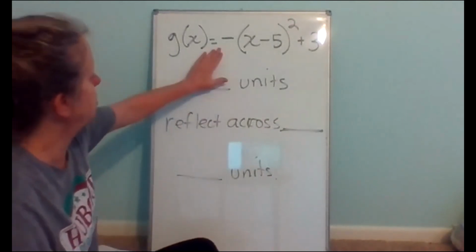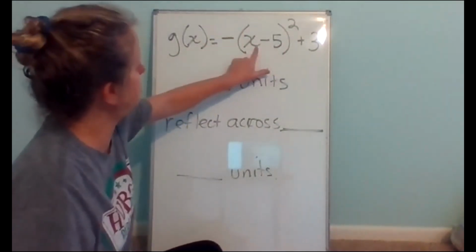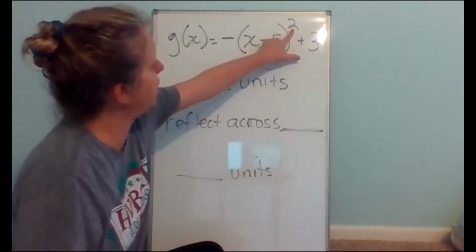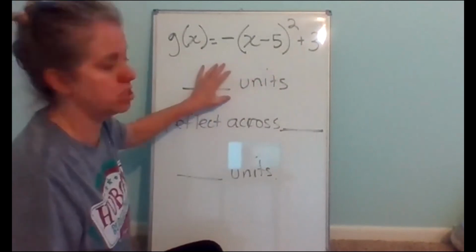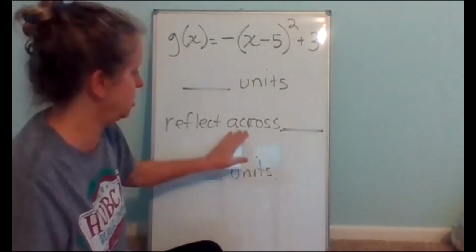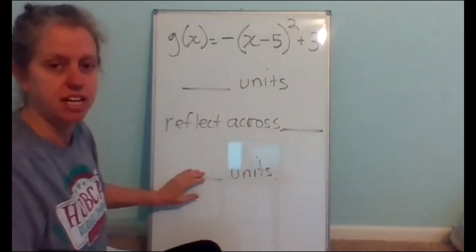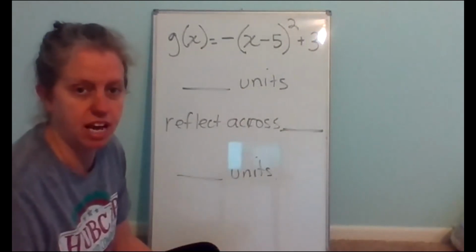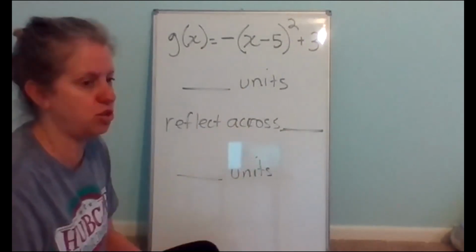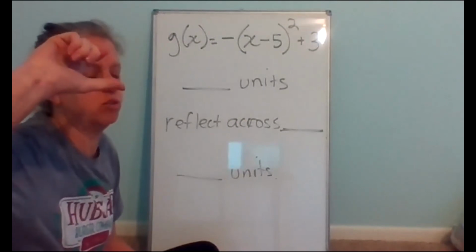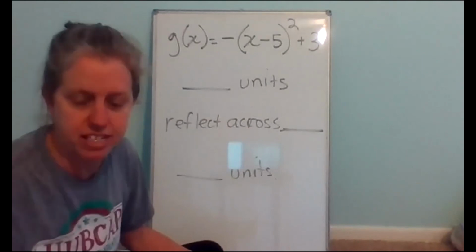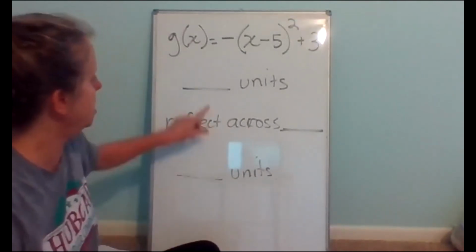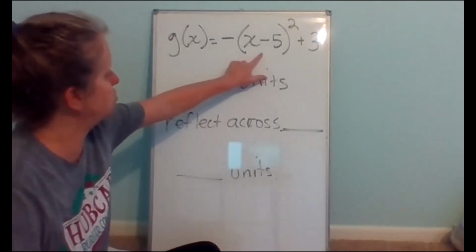Okay, so we have negative, and then in parentheses, x -5 squared, and then +3. So you always do your horizontal shift first, then your reflection, and then your vertical shift. You don't want to do your vertical shift before you do your reflection, because then you'd be reflecting the wrong thing.